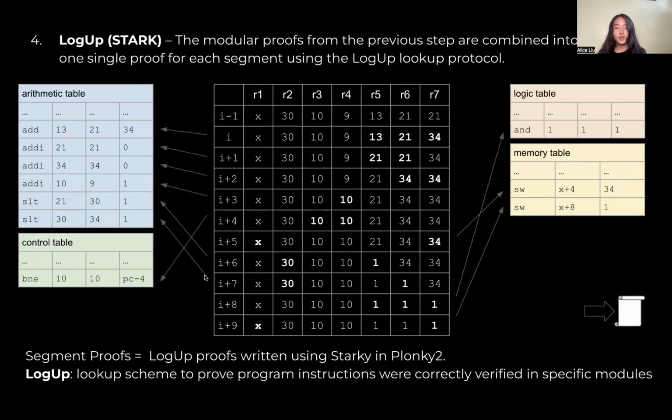In this next part, we use a lookup scheme called Logup, which basically shows that a segment is contained in the modular table, and it's used to prove that the program instructions were correctly verified in their specific modules. All of these module proofs, arithmetic, logic, control, memory, are combined into one single proof for each segment.